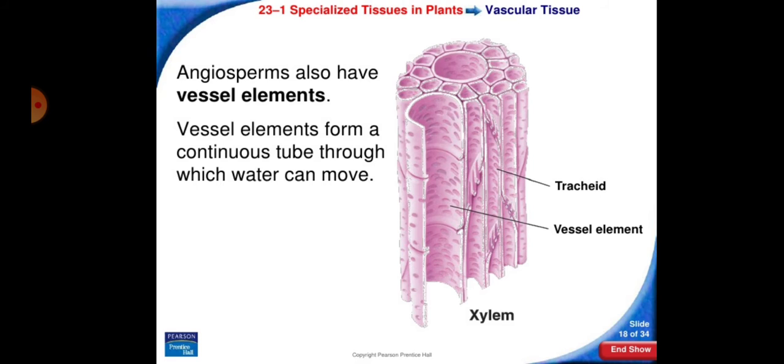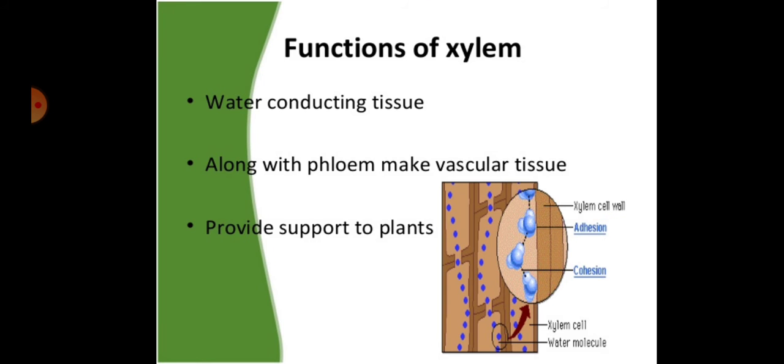Vessels or vessel elements form a continuous tube through which water can move. So, this is xylem. Then the functions of xylem: the first main function is conduction of water. Along with phloem it makes vascular tissue, and it provides support to plants.